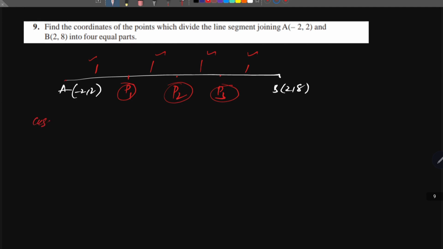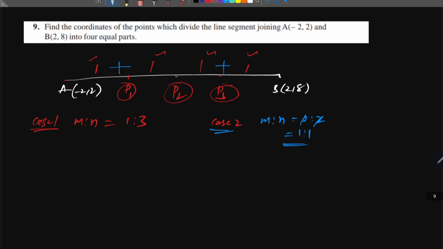Let us imagine case 1. In case 1, take m is to n as 1 is to 3. Next, case 2, where I take P2. P2 location is these together added and these together added, so m is to n is taken as 2 is to 2. 2 is to 2 is nothing but 1 is to 1.